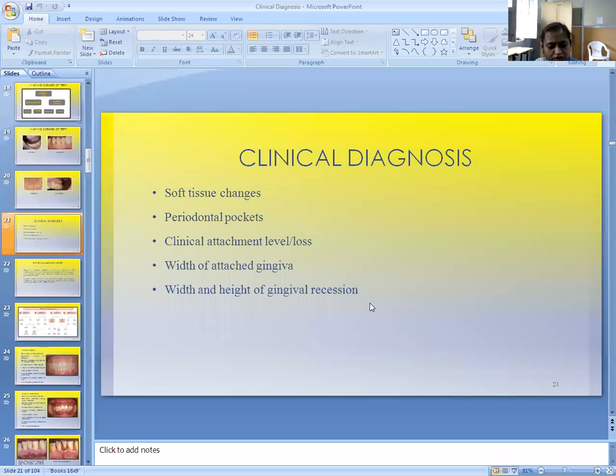Then you write about gingival status, periodontal status, mucogingival status, then your provisional diagnosis, diagnostic procedures like IOPAs and OPGs, and then your final or concluding diagnosis. After the final diagnosis, the next part of the case history will be your treatment. So this will be the overall clinical diagnosis part. In the next classes, we'll see gingival features, periodontal features, and mucogingival status.